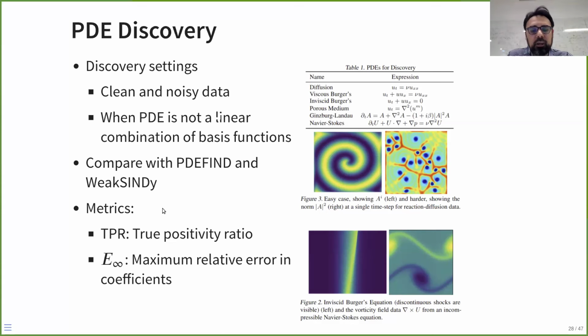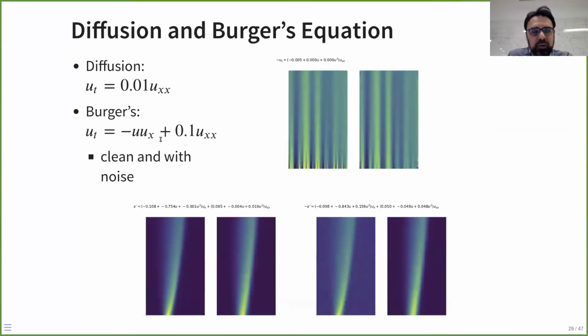And we also look at prediction under noisy settings. We use the true positivity ratio, which is essentially how many terms are correctly found, and E infinity, which is the maximum relative error in the coefficients, as our metrics. So there are some simple examples.